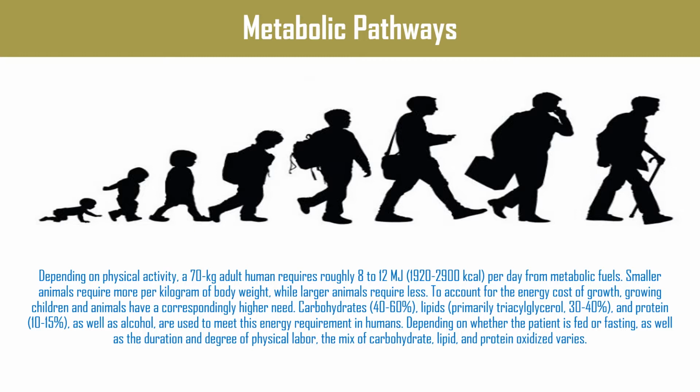Carbohydrate 40 to 60%, lipids, primarily triacylglycerols, 30 to 40%, and proteins 10 to 15%, as well as alcohol, are used to meet this energy requirement in humans. Depending on whether the patient is fed or fasting, as well as the duration and degree of physical labor, the mix of carbohydrate, lipid, and protein oxidized varies.